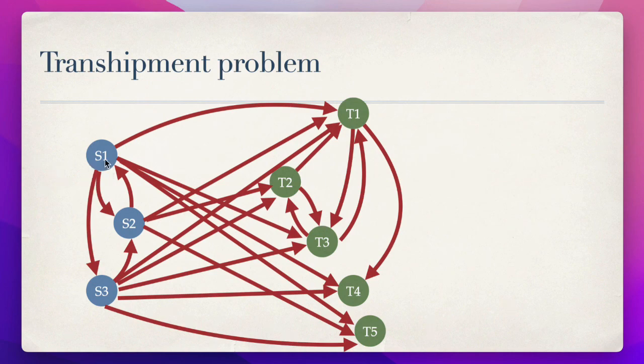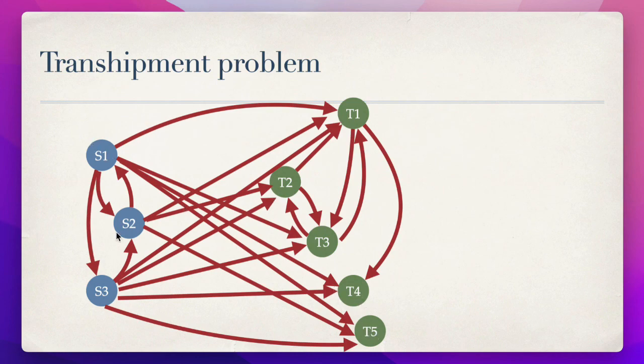For example, we have S1, S2, S3, and from S1 we can ship to T1, T2, T3, T4, T5. S2 can be sent to customers, and S3 we can send to customers 1, 2, 3, 4, 5.